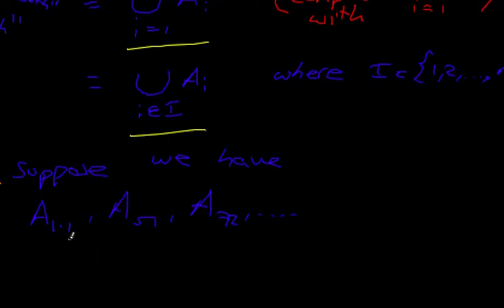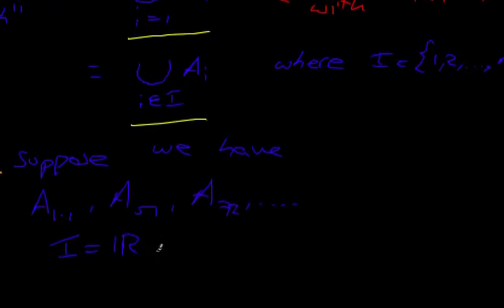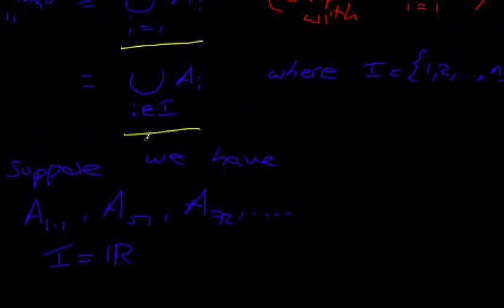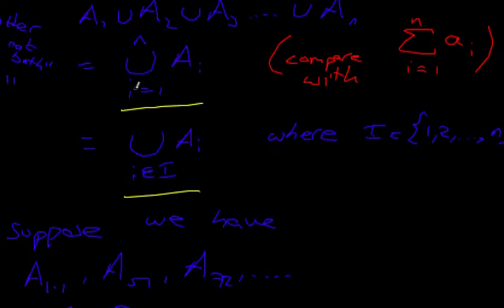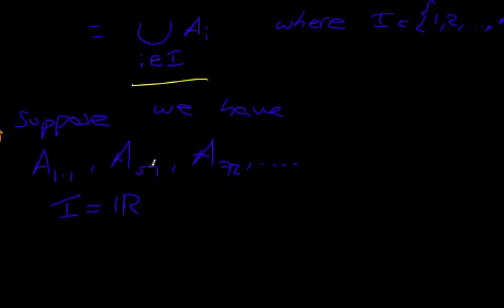Let's say you have a sub every real number. So I is R in this case. Then you can't take a union like this because there are too many in some sense, right? You have to write it like this.